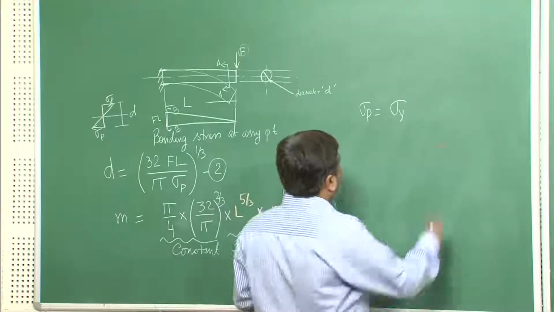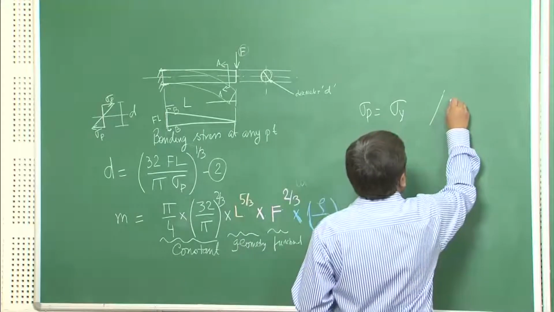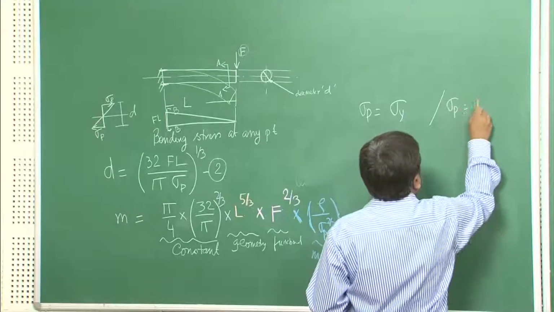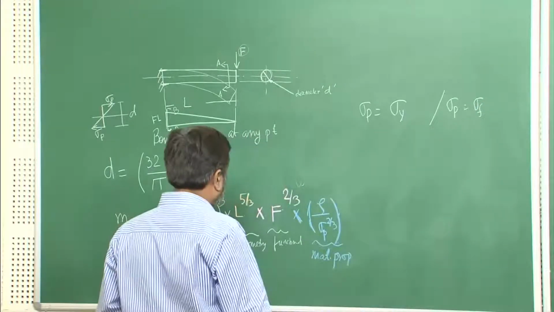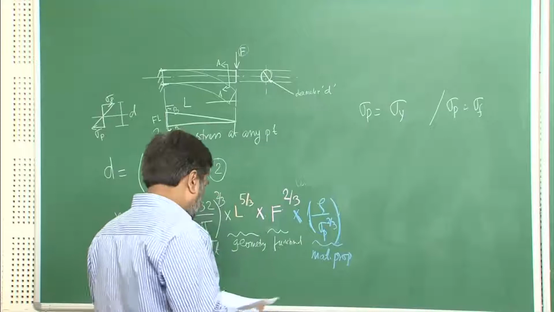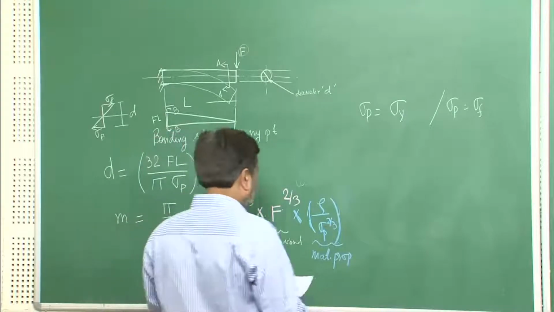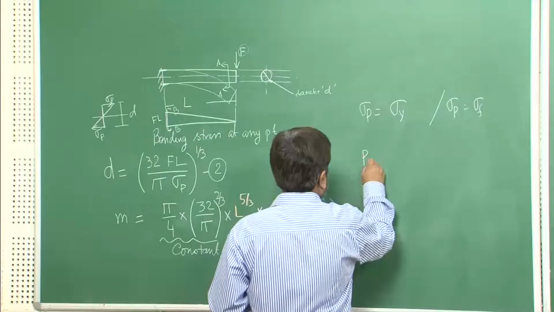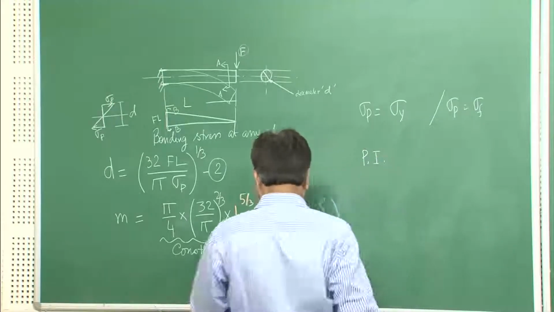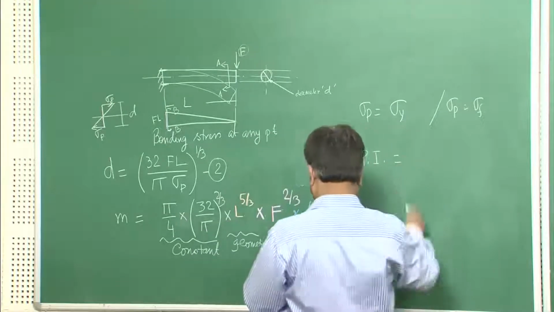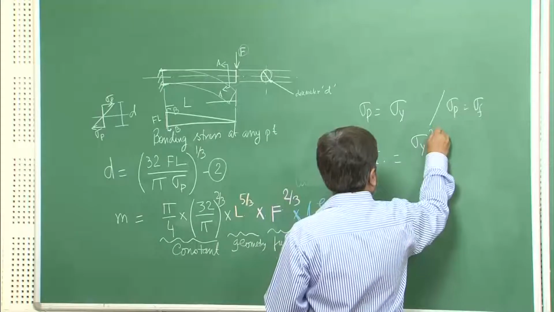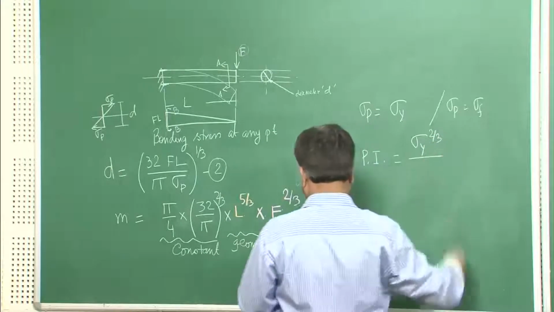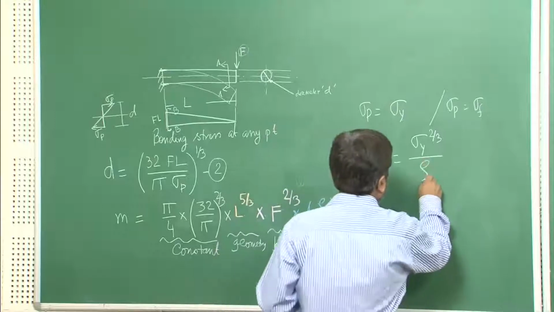Or in some cases, if you keep a factor of safety, you can write sigma p equals sigma f by providing a suitable factor of safety. So, the performance index in this case is sigma y to the power 2/3 divided by rho.